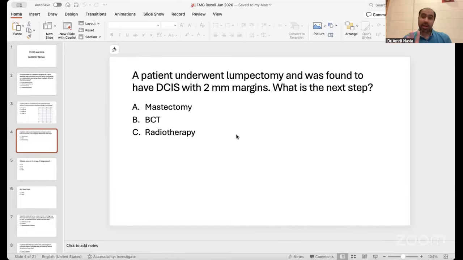It's possible. If cancer cells are left behind, what will you do? Give radiotherapy. So best answer here is radiotherapy. Don't say BCT. BCT is not done in DCIS because in BCT you have to do lymph node biopsy. In DCIS there is no lymph node biopsy. Mastectomy could be the answer, but from the available information, radiotherapy is the best answer because some cancer cells may be left behind.